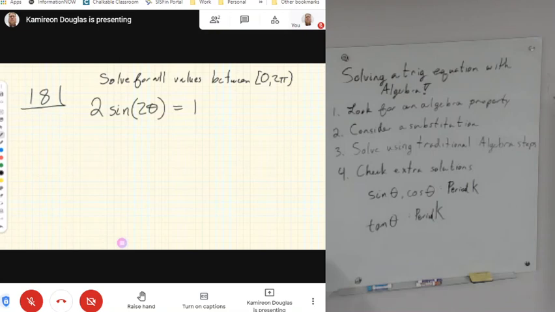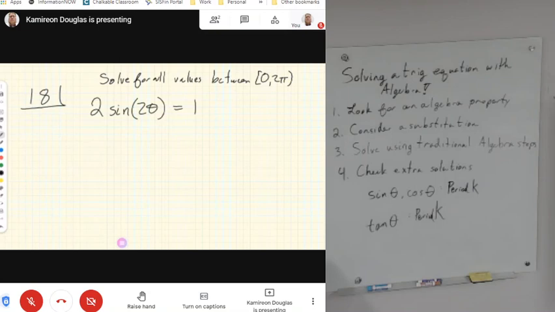From way back in chapter 8 when we talked about graphing, that 2 on the inside will affect the period. It will change how the values repeat. That is important. I will show you my trick. I will show you the book's way. And I will show you kind of a common sense approach. All of which are very similar and will find the solution if you try them out.